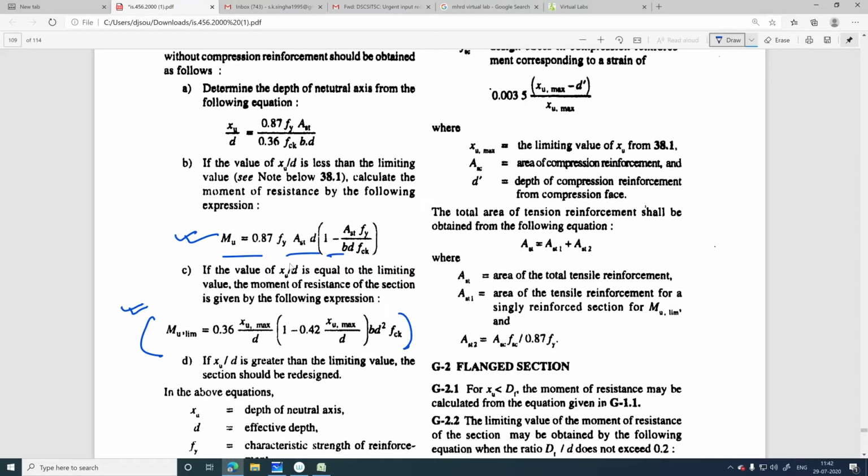Here we will do the same thing. So Mu is equal to 0.87 fy Ast d into 1 minus Ast fy by b d fck. Okay, here the value of b will be the length of the single flight, but in case of slab we consider the value of b, that is 1000, that means per meter basis, right?